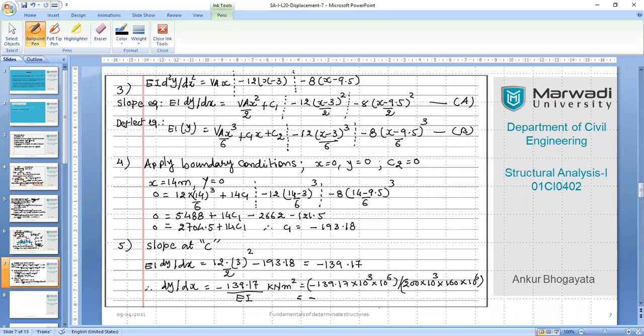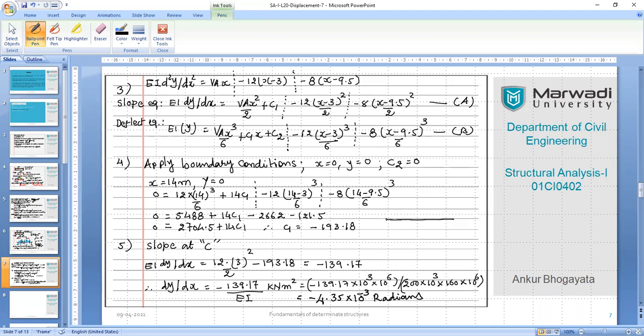So that is negative 4.35 into 10 raised to minus 3 radians. All right. So that is our first answer, and what does the negative sign indicate?